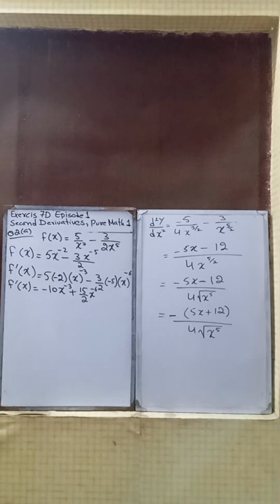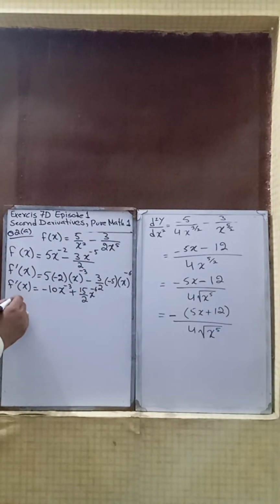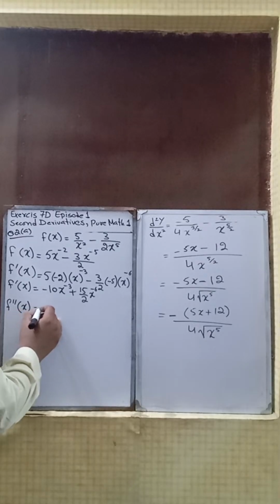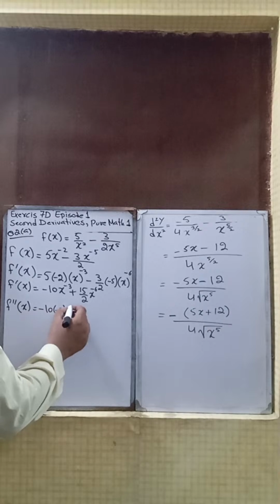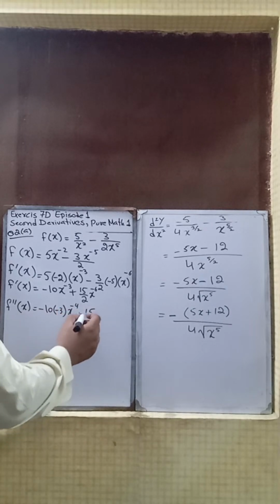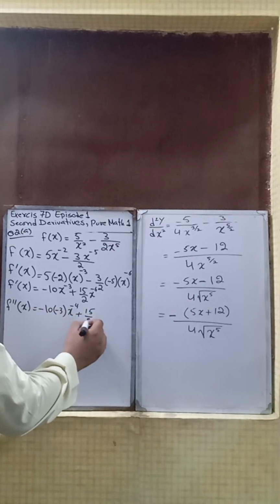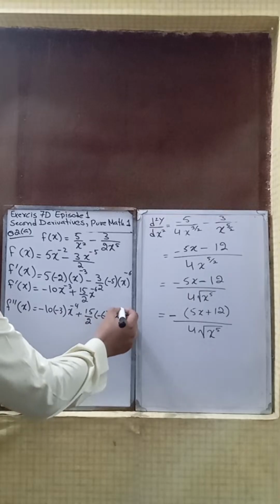And the second derivative, when you have this function form, is by 2 primes here. These 2 primes mean second derivative. So this will be equals to minus 10 into minus 3 into x raised to power minus 4 plus 15 by 2 into minus 6 into x raised to power minus 7.